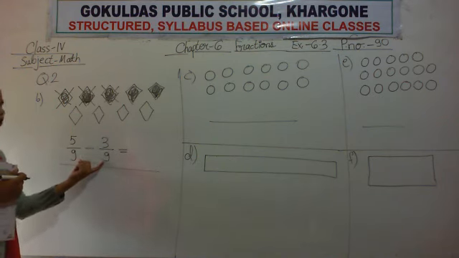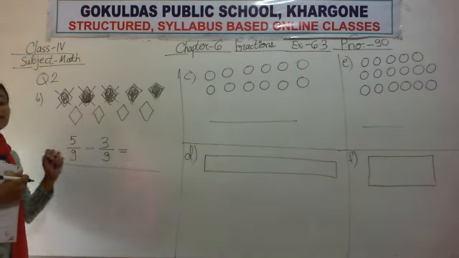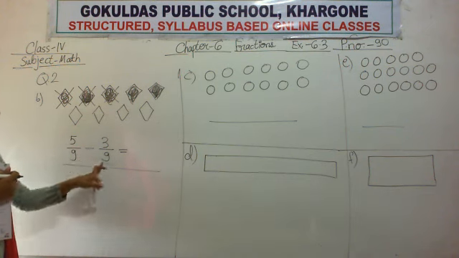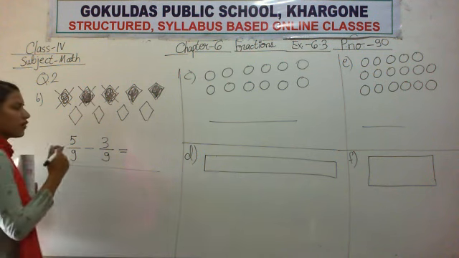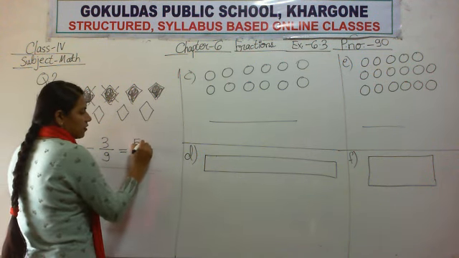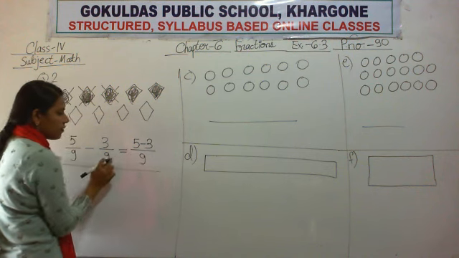We check the denominators of both the numbers. Denominators are 9. Both the numbers have the same denominator, which means they are like fractions. And how do we subtract like fractions? We subtract the numerators over the same denominator.